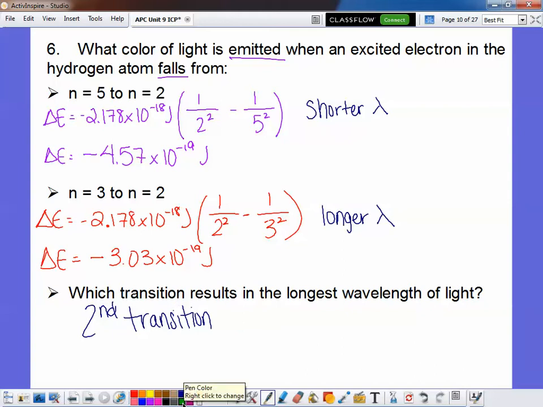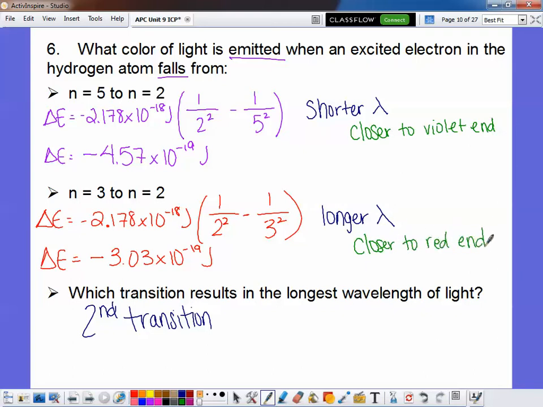So in terms of visible light, the one with the shorter wavelength will be closer to the violet end of the visible spectrum. And the one with the longer wavelength will be closer to the red end. Okay?